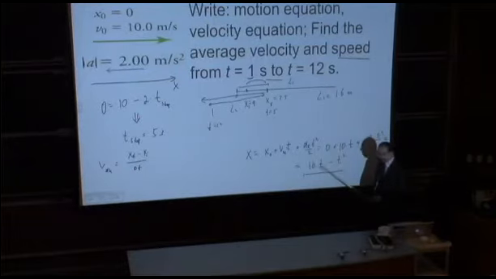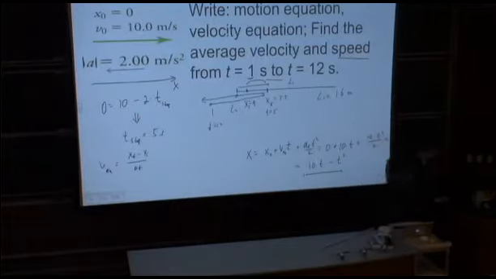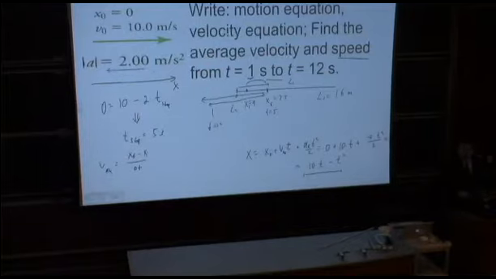So we can plug in t equals 12. 10 times 12, 120. 12 squared, 144. 120 minus 144, negative 24. X final is negative 24.